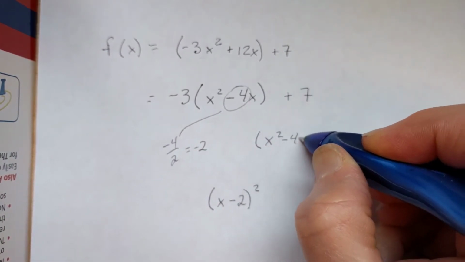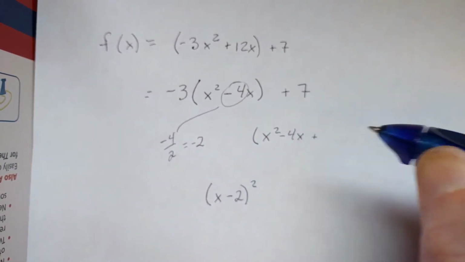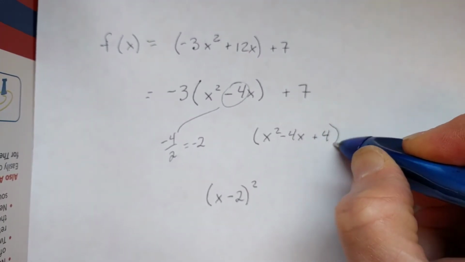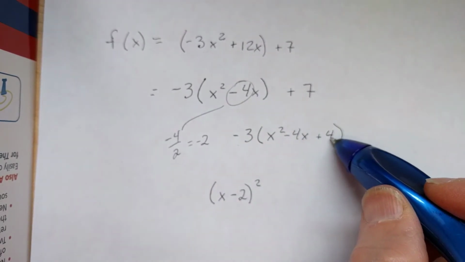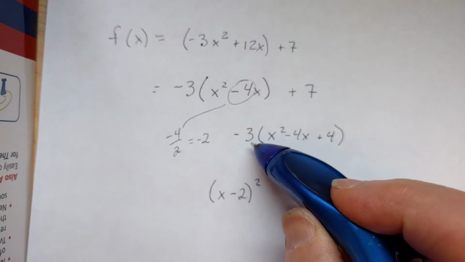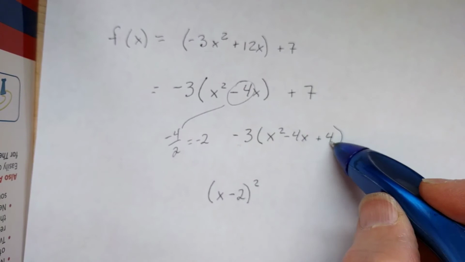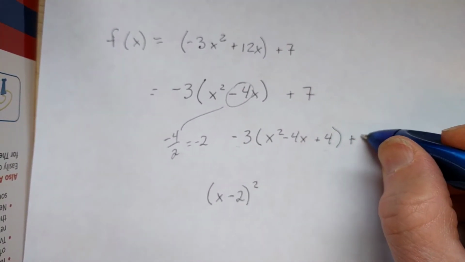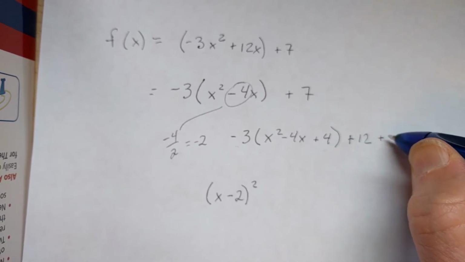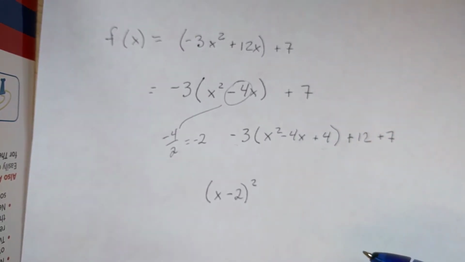X squared minus 4x plus negative 2 squared, which is 4. But notice that this is being multiplied by negative 3. So what I've really done is added negative 12 inside my parentheses. So I have to add positive 12 outside my parentheses.